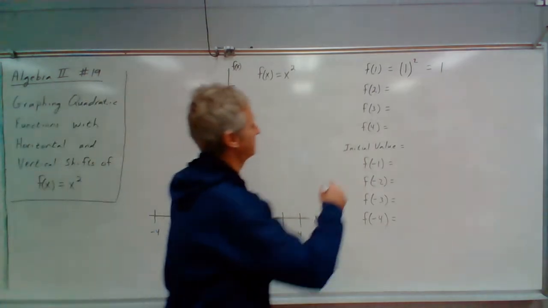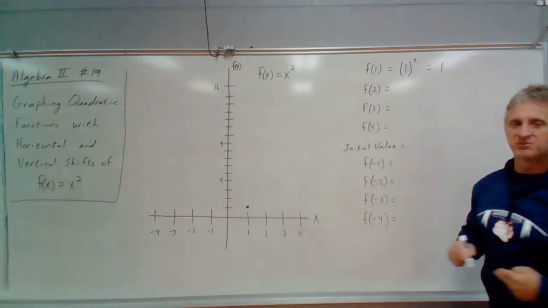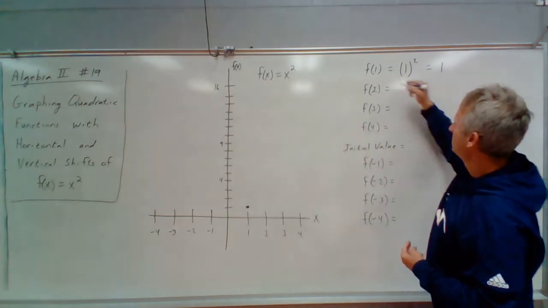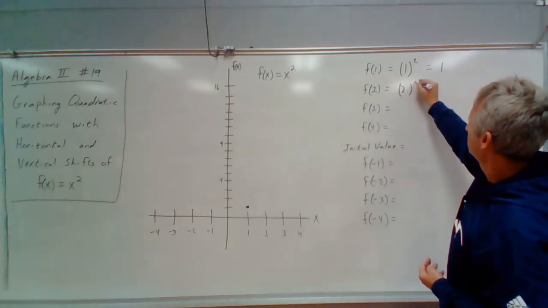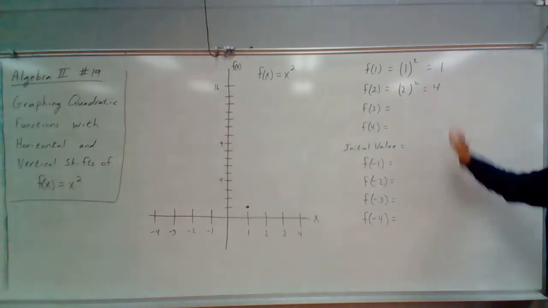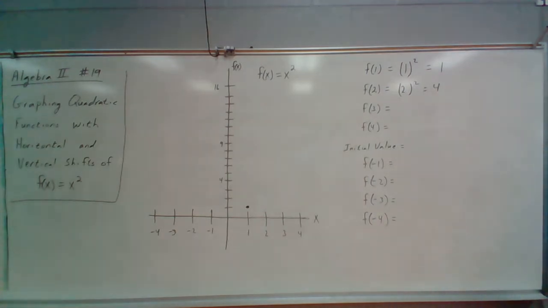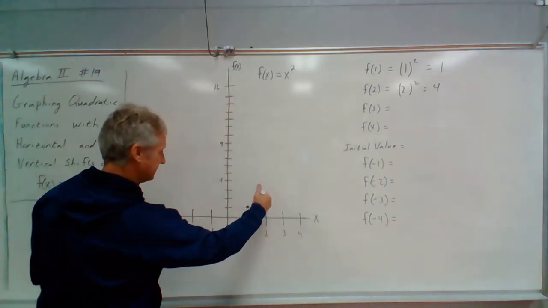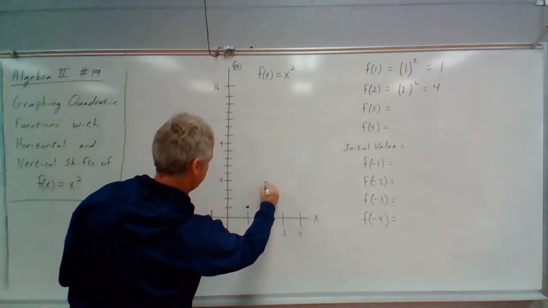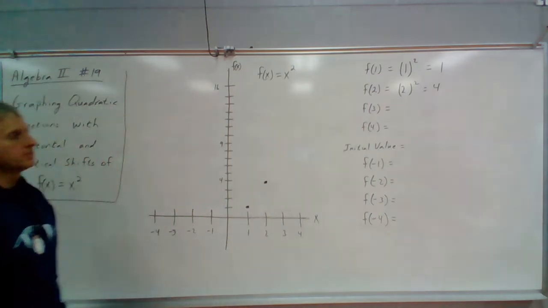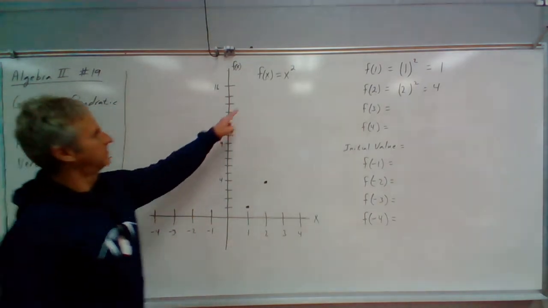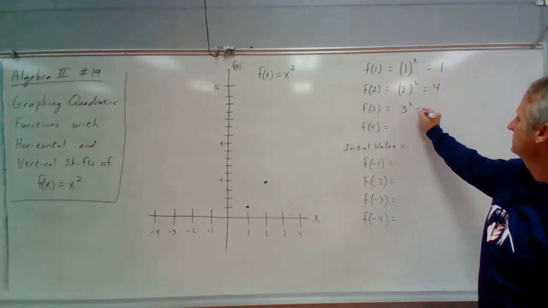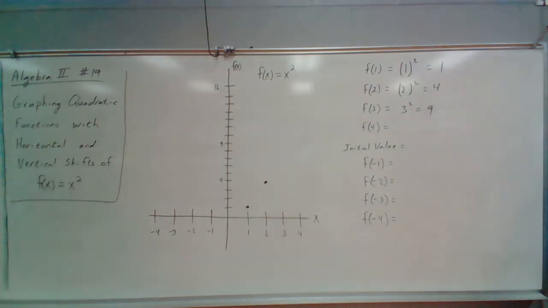So this axis is f of x. All right, f of 2. That means plug 2 in for the x in the function. So f of 2 would equal 2 squared, which would be 4. If I plug in a 2, the function spits out a 4. f of 3 means to plug 3 in for x, and we get 3 squared, which would be 9.